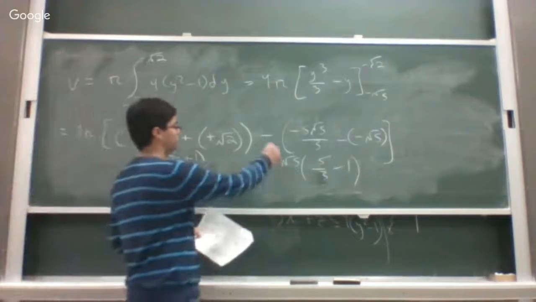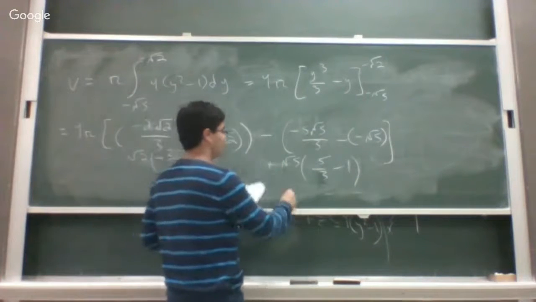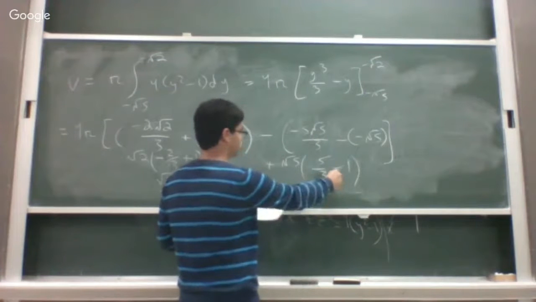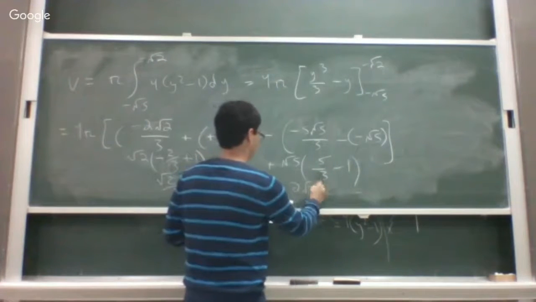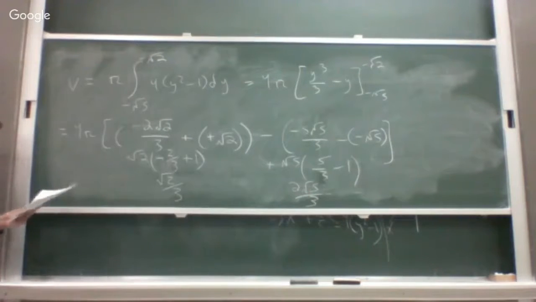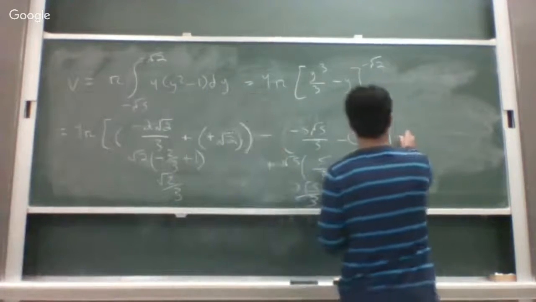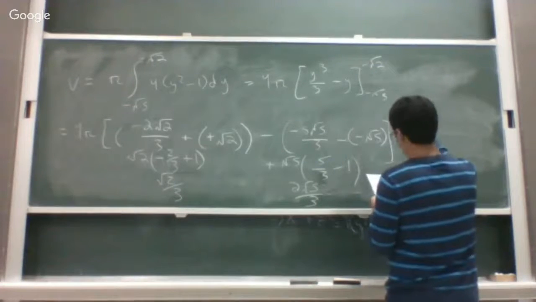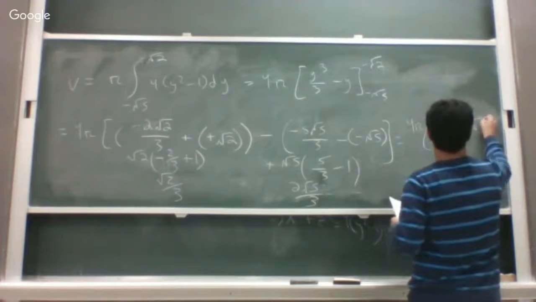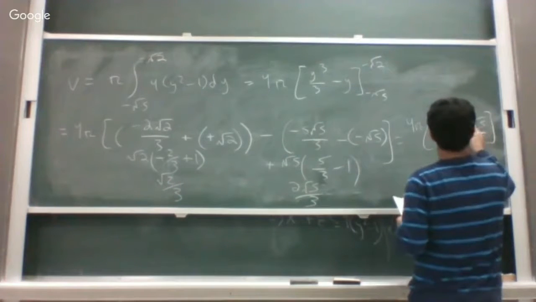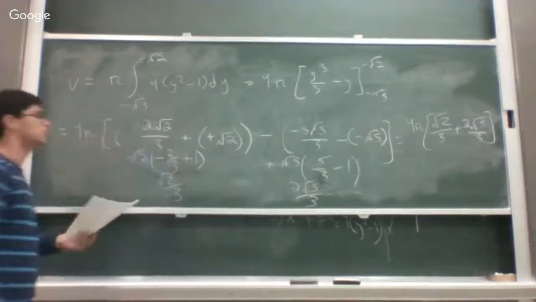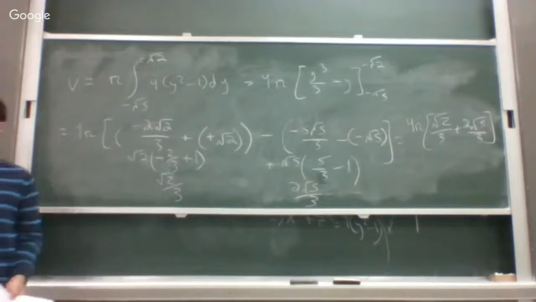And we change this to a plus everything. So we are left with, this would be 2/3, so it's 2 square root of 5 over 3. So this is just simplifying. So then the answer is 4 pi times square root of 2 over 3 plus 2 square root of 5 over 3. And then you can take out the divide by 3 if you want.